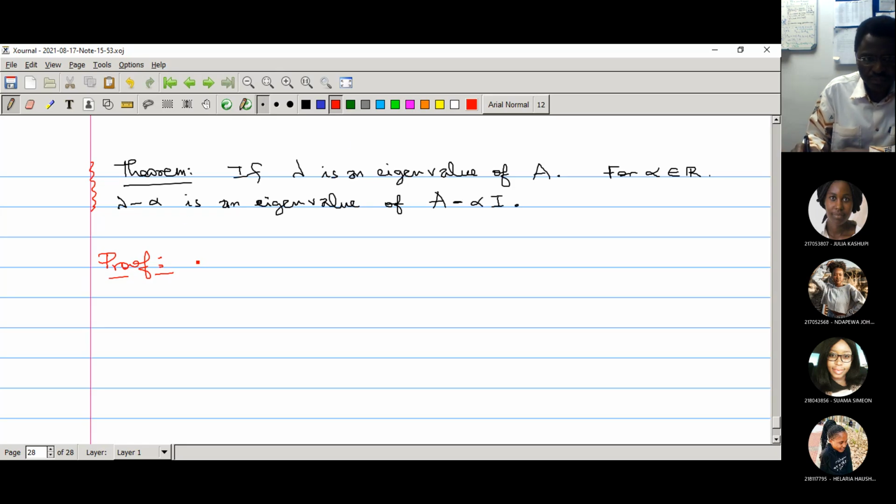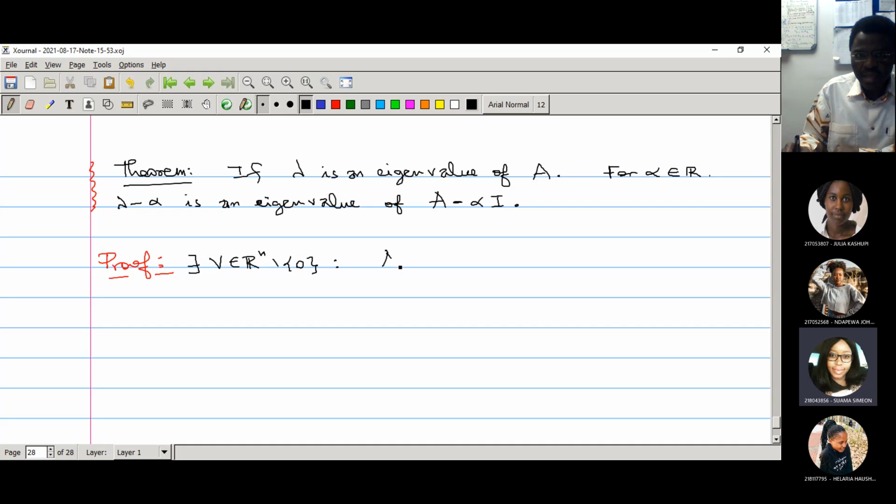Of course, we can find a vector V in Rn, if this is an n by n matrix, V nonzero, such that when I apply A to V, I obtain lambda V. That's the definition of lambda being an eigenvalue of A. This V is what we call the associated eigenvector. That's linear algebra.